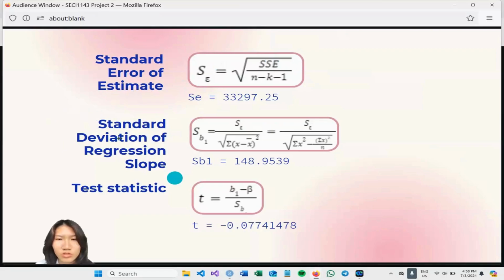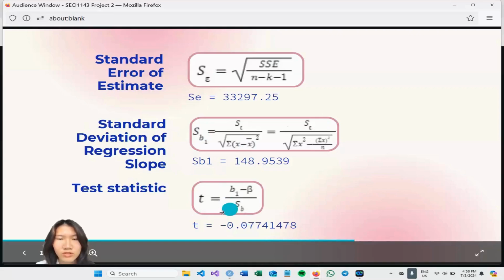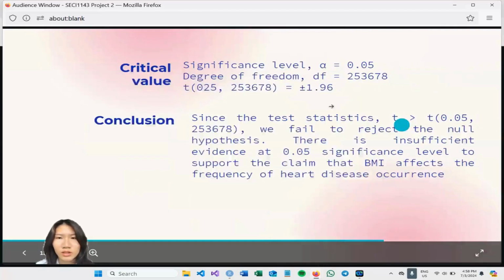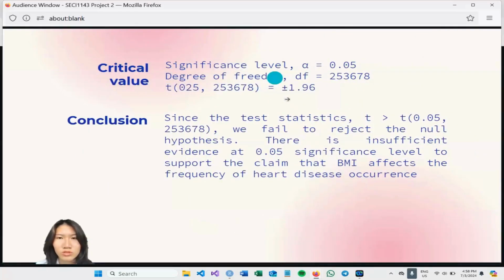So next is the standard deviation of regression slope, and the test statistic here is negative 0.077, while the critical value is plus minus 1.96 since it's a two-tailed test.